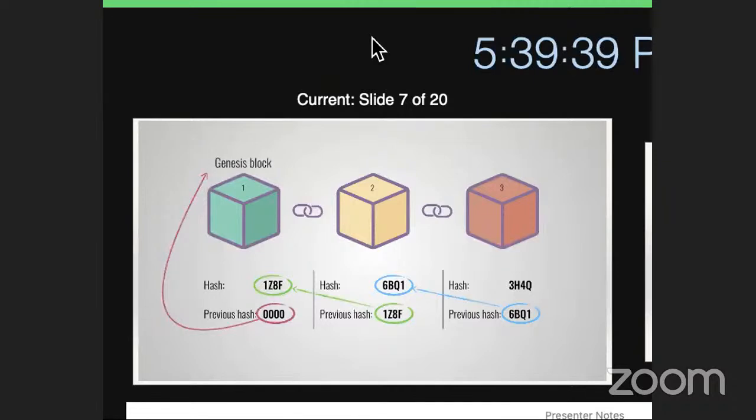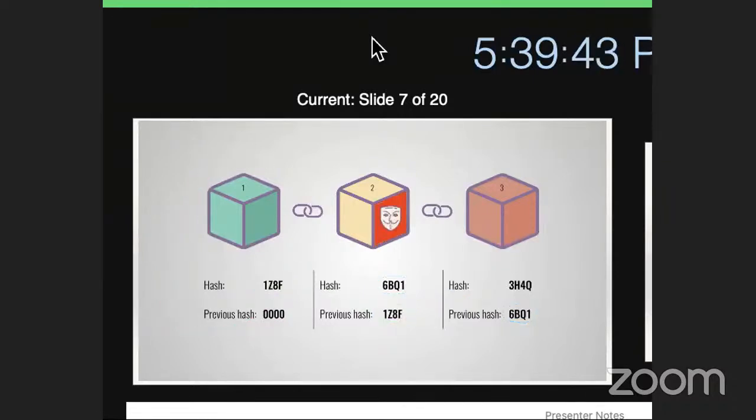We call this block the Genesis block. Now, let's say that you tamper with the second block. This causes the hash of the block to change as well. In turn, that will make block 3 and all following blocks invalid because they no longer store a valid hash of the previous block. So changing a single block will make all following blocks invalid.